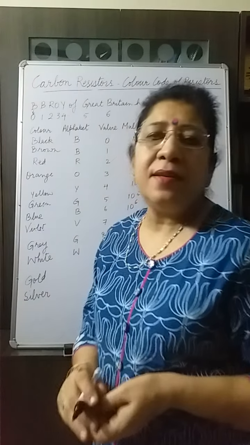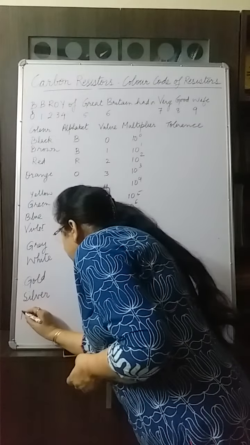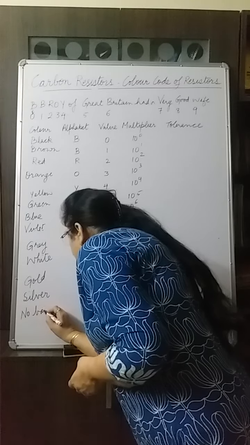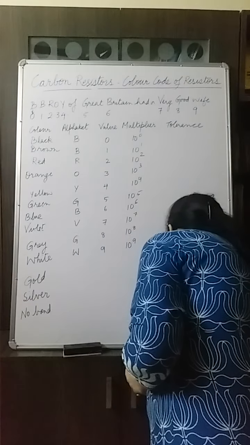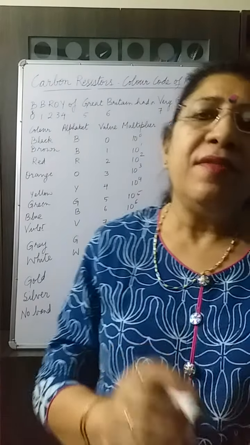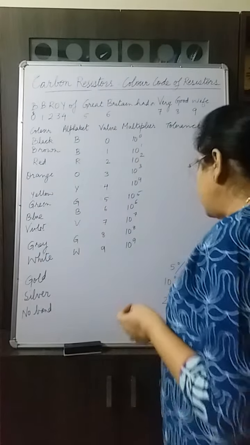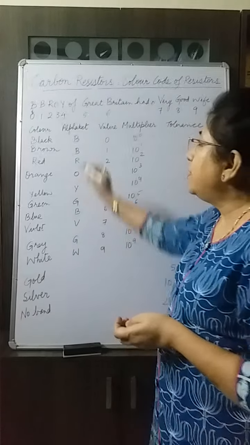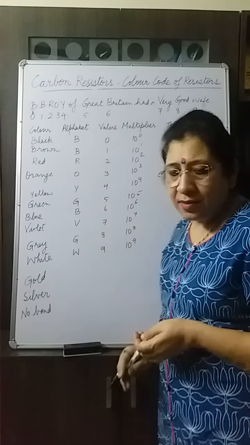In some cases, the fourth band may be absent. If the fourth band is absent, the tolerance is higher, 20%. This means the variation in the value is 20%. So you can learn these in sequence.